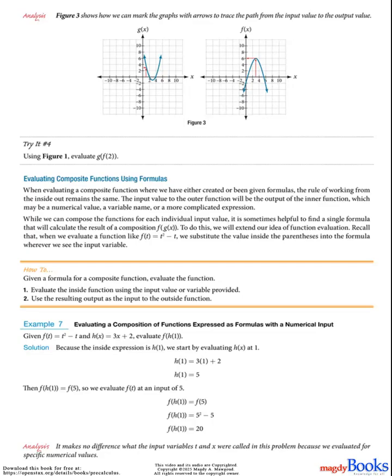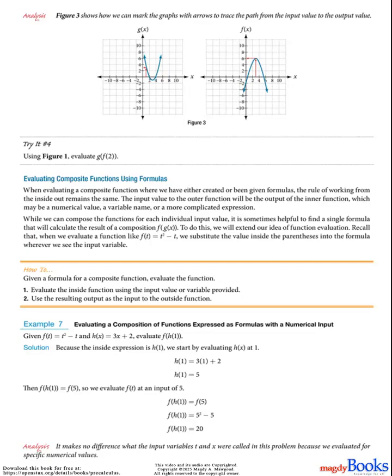Example 7. Evaluating a composition of functions expressed as formulas with a numerical input. Given f of t equals t squared minus t and h of x equals 3x plus 2, evaluate f of h of 1. Solution.